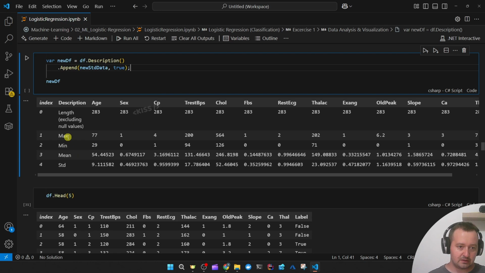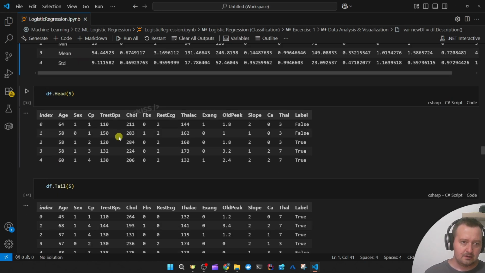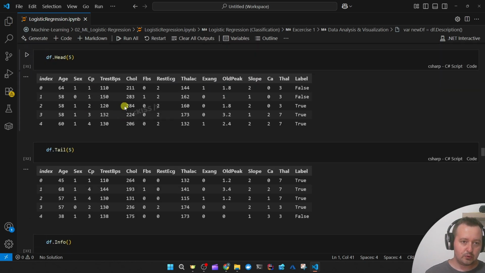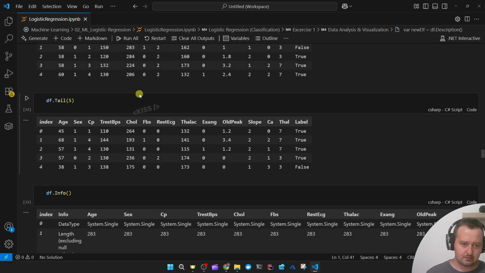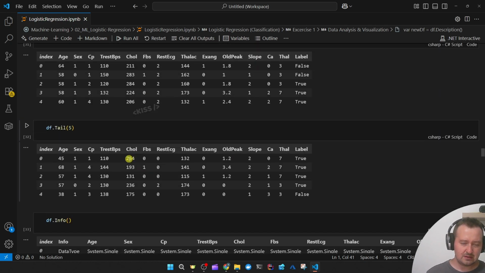So now we have min, max, we have mean, and we also have the standard deviation. We inspect the first 5 records, age around 50, late 50s. 3 of them have heart disease, 2 of them don't. It's not really specific to age. Here are even younger people with heart diseases and higher CHOL.